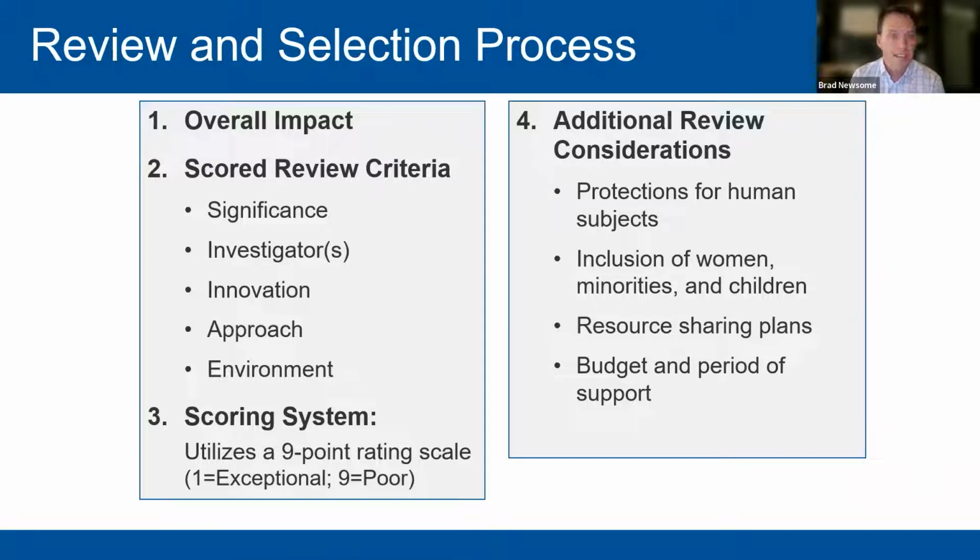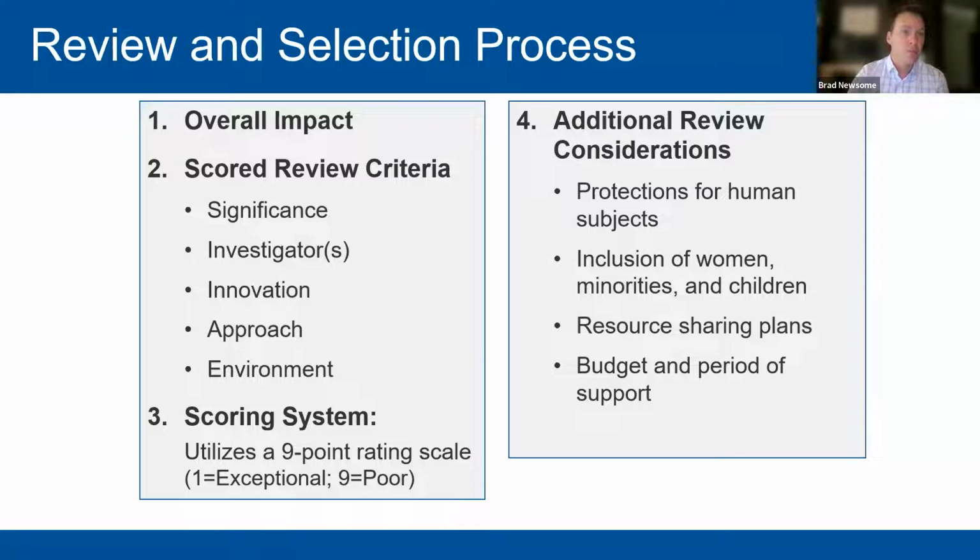We'll utilize our normal 9-point rating scale, and we'll also include additional review considerations around protection of human subjects, inclusion of women, minorities, and children, resource sharing plans, that's especially important for data science related work, and budgets and periods of support. These are very standard review criteria.